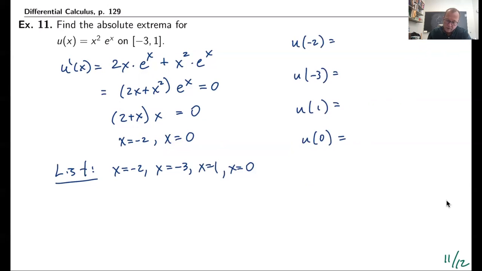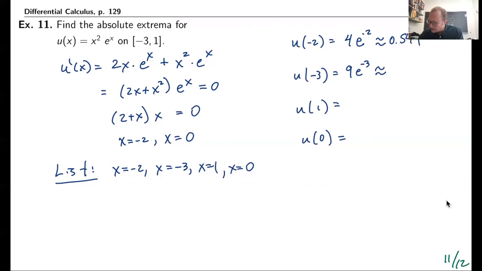So for the -2, you'll get 4 times e to the -2. I'm going to need an approximation for that. So I turn to my calculator and I get about 0.541. Okay. And then the -3, I will end up with a 9 e to the -3.